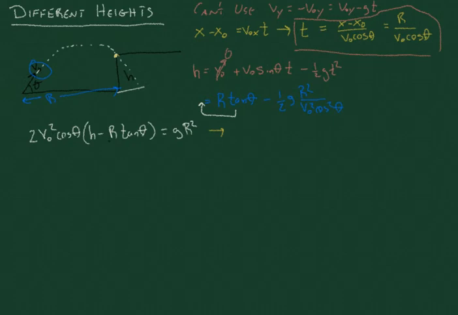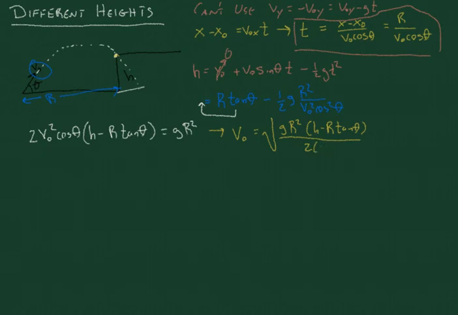So now we can divide by everything and take a square root, so we see that v0 is going to be the square root of g times r squared times h minus r tan theta, all divided by 2.